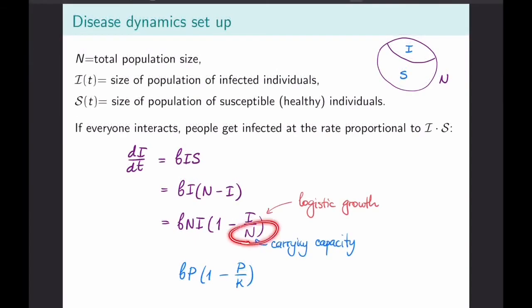That means that the carrying capacity of the disease in this model is the entire population size. Again, that makes sense because notice that we have assumed no recovery rates.